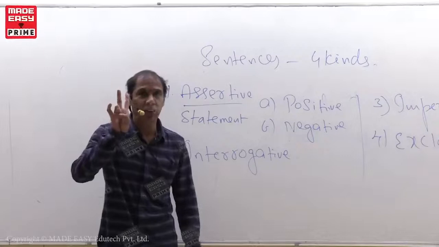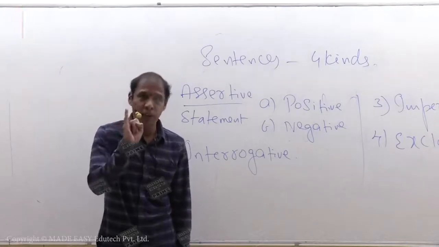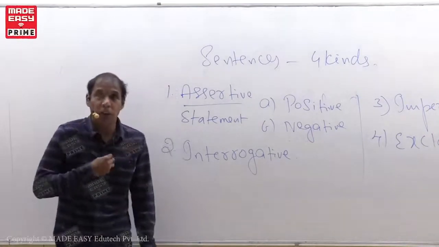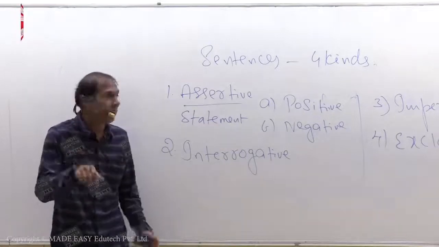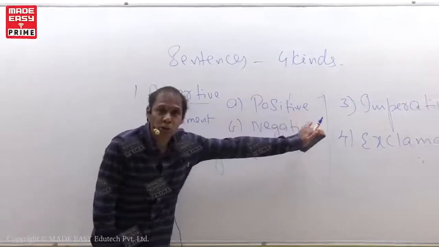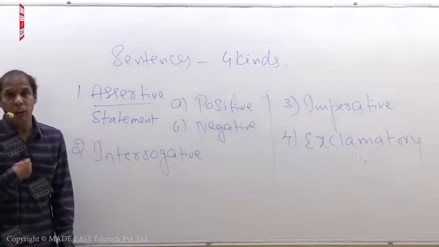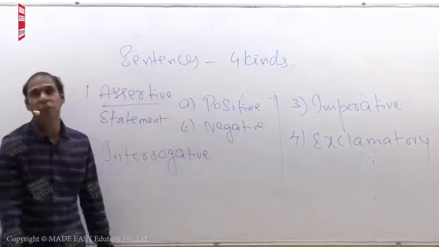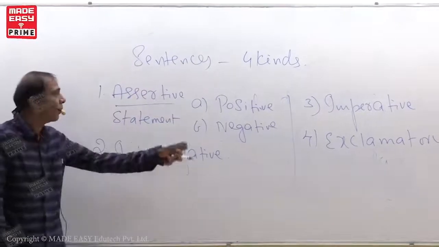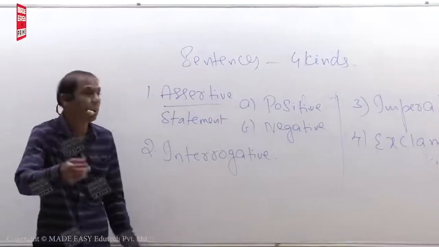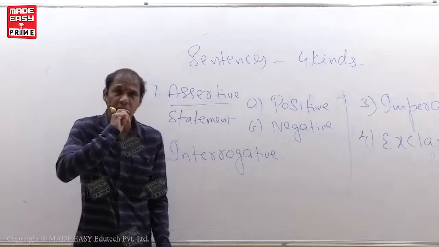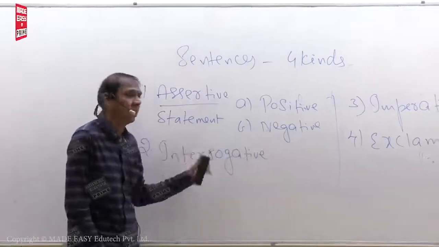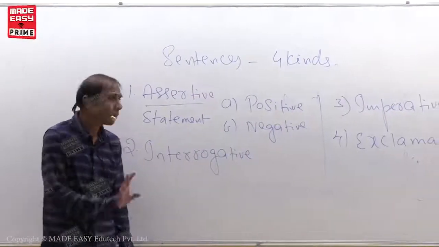We commonly speak in two forms: accepting, not accepting. If we are speaking in an accepting sense, that sentence is called a positive sentence. If we are speaking in a not accepting sense, that sentence is called a negative sentence. Negative means not accepting.